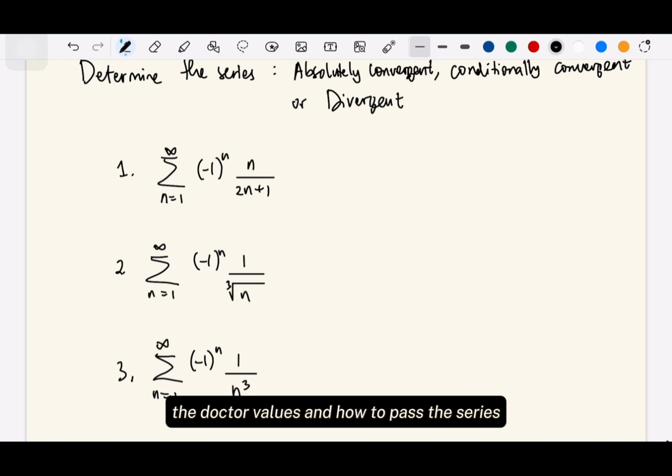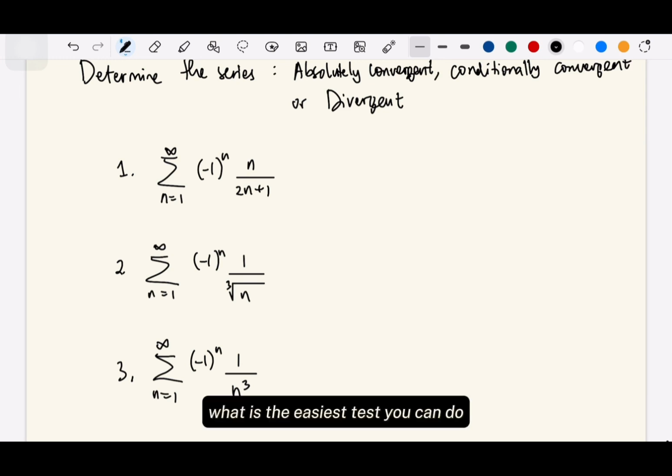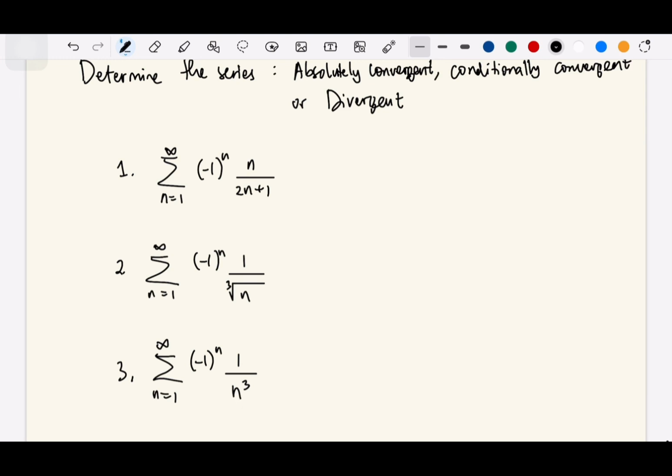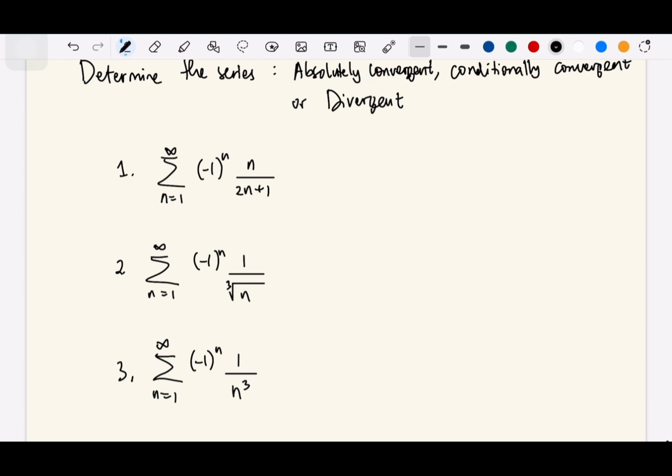Take absolute values and then how to test the series? What is the easiest test you can do? Take the limit. Yeah, take the limit. Right now, take the limit. You have some variable.